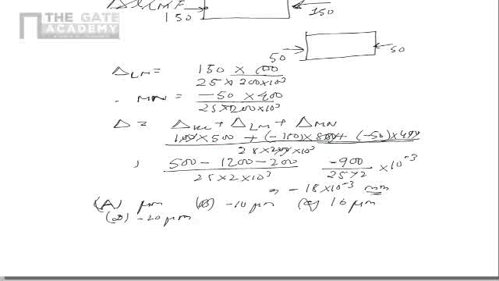So it is 500 minus 1200. That's right. And 50 into 4 is 200. So that's also right. So this becomes, and the area of cross section is 25, and the Young's modulus is 200, so that's also right. So just let me check the calculation once more.